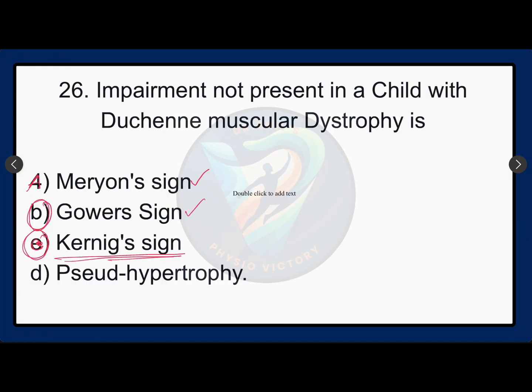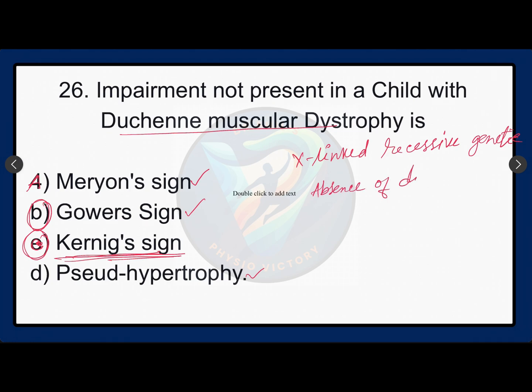Marian sign, Gower sign and pseudohypertrophy are present in Duchenne's muscular dystrophy. Duchenne's muscular dystrophy is an X-linked recessive genetic disorder caused by the absence of dystrophin, leading to progressive muscular degeneration.